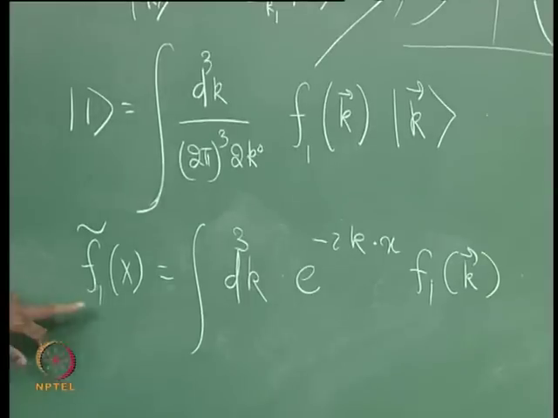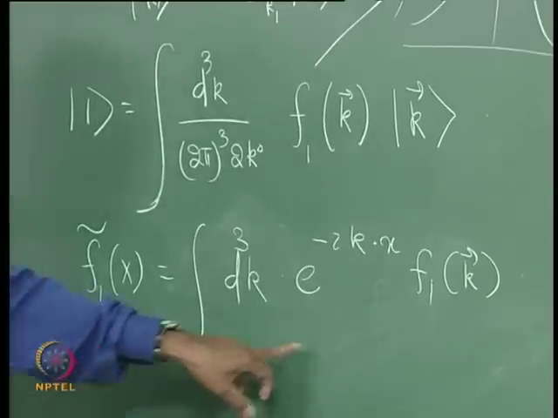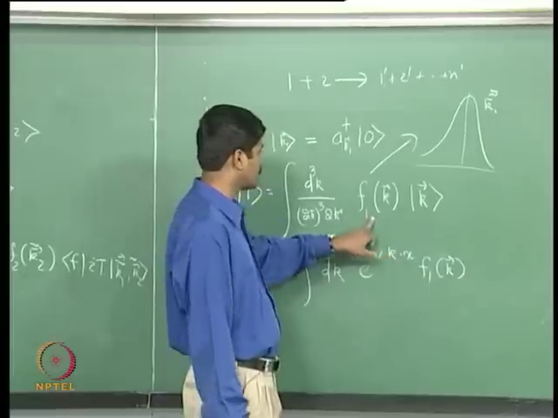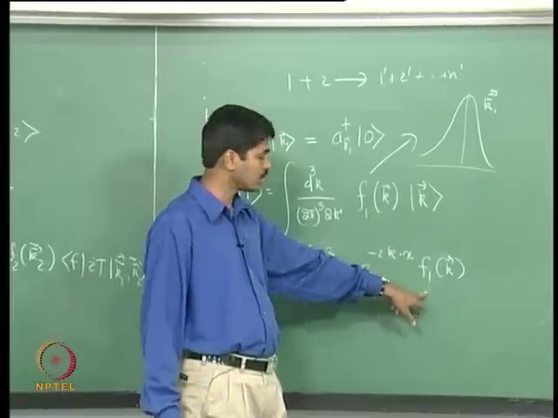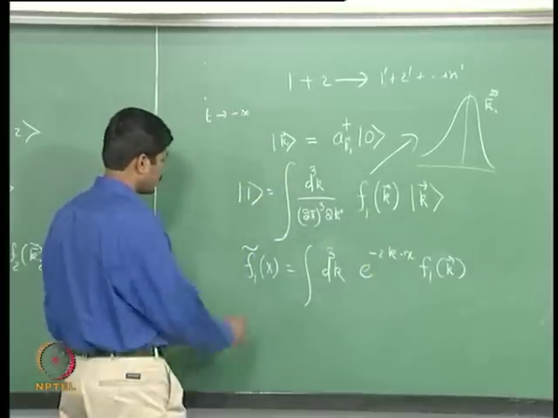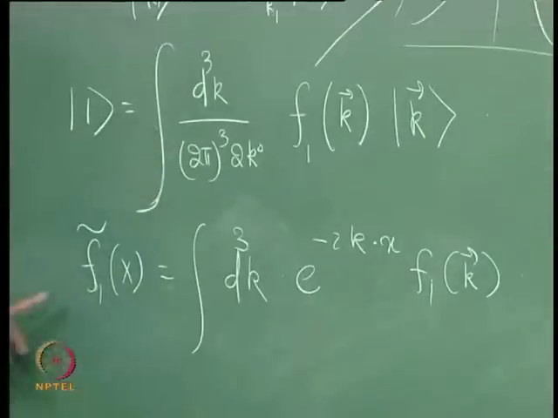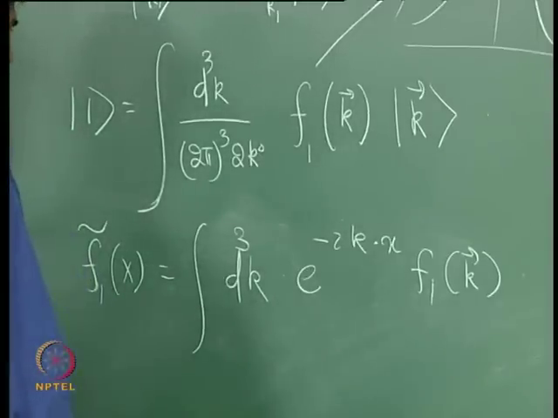You define f1 tilde of x to be the Fourier transform of this f1 k, this distribution function. You can show that this complex scalar field in fact satisfies the Klein-Gordon equation.